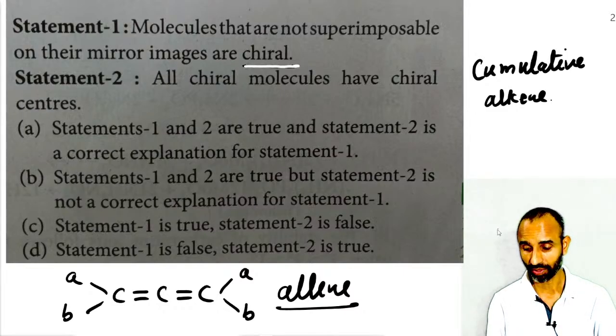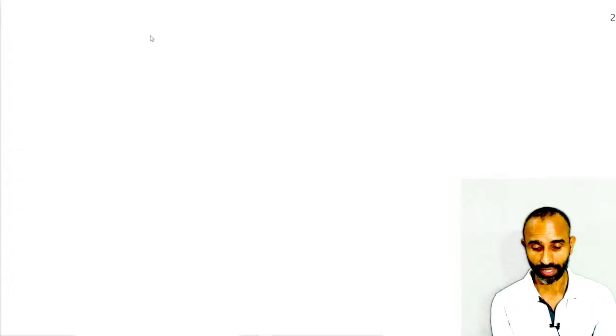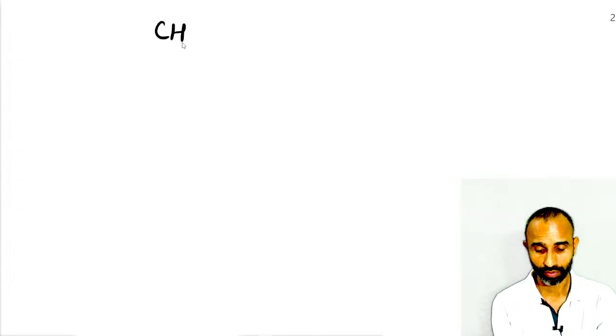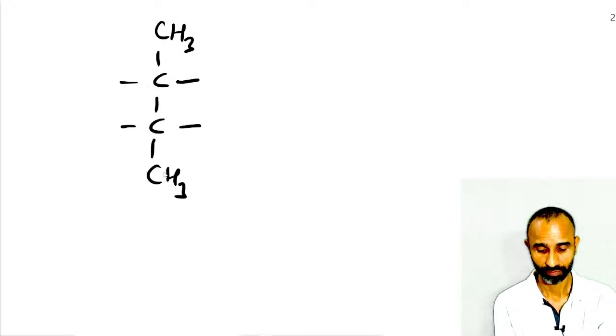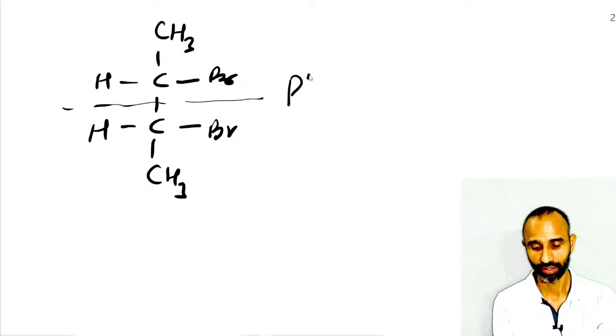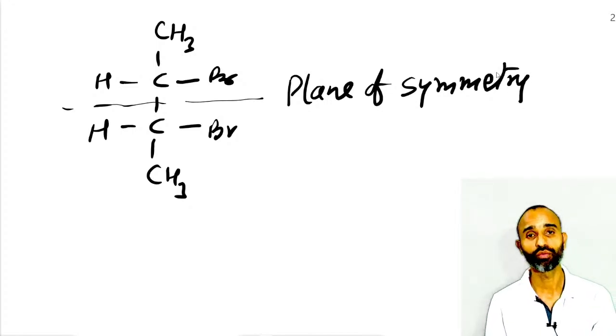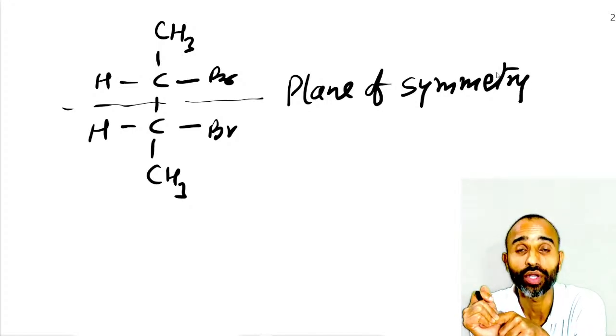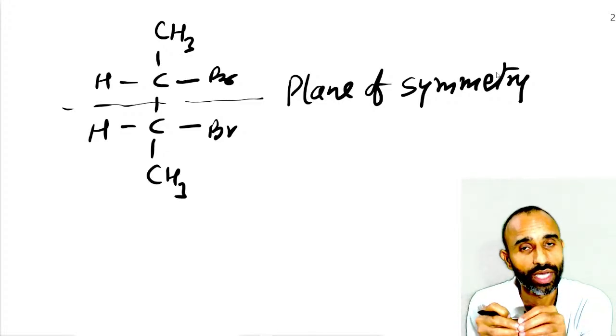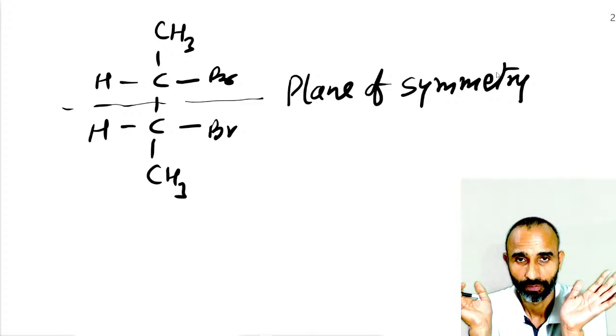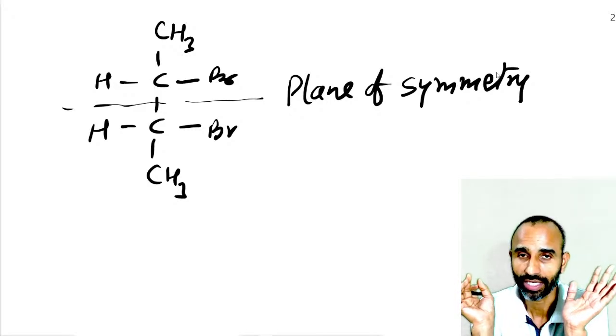Sometimes there is internal compensation, like in a compound like this. There is a plane of symmetry. Any compound which has no plane of symmetry or center of symmetry is always dissymmetric and optically active.